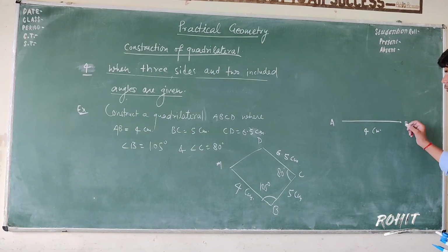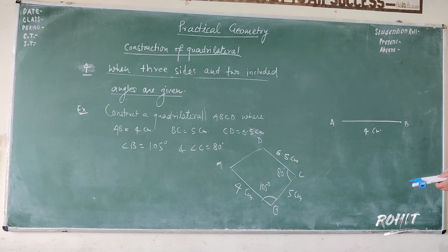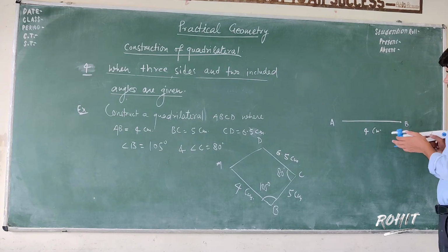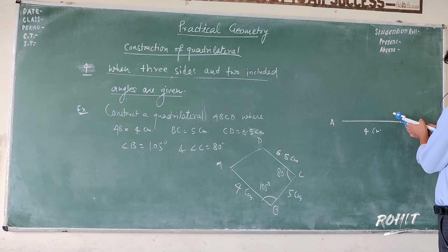So with the help of protractor, you can make 105 degree, also with the compass. So you may take compass or you can also use protractor. So if you take compass, how to make 105 degree?